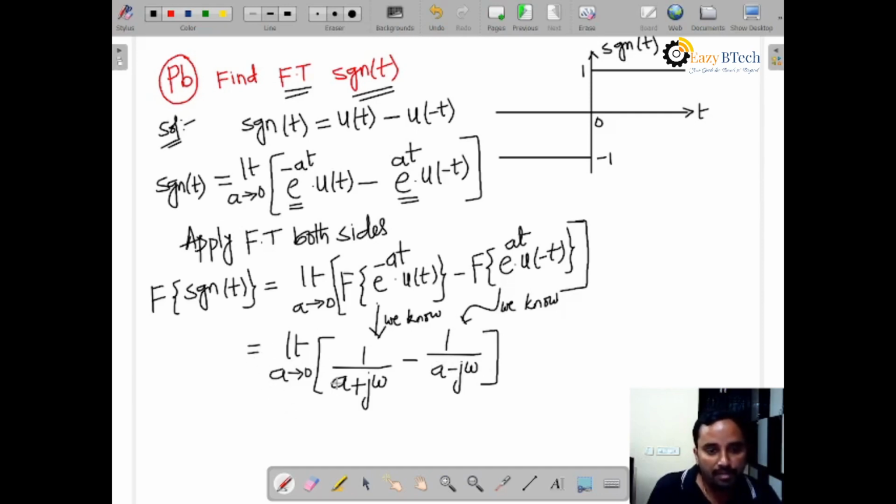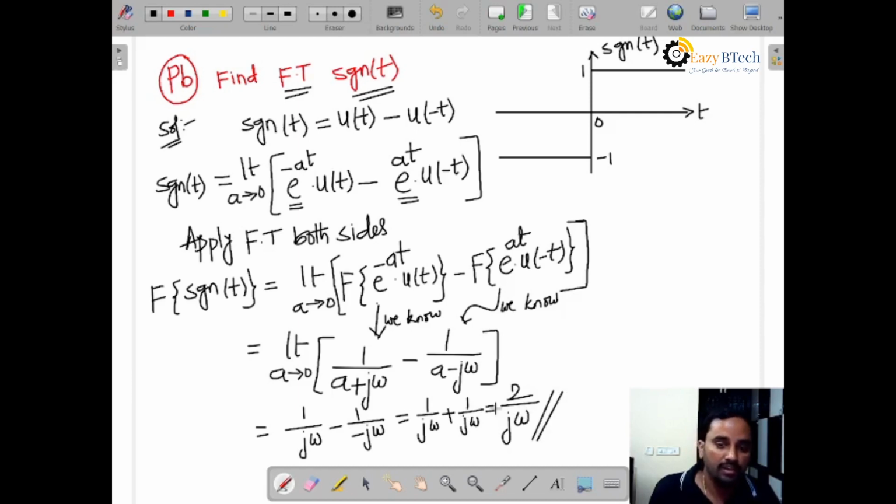So now we can apply limit a tends to 0: 1 by j omega, minus 1 by minus j omega, right or not? Minus minus will become plus, 1 by j omega plus 1 by j omega. The answer is 2 by j omega.